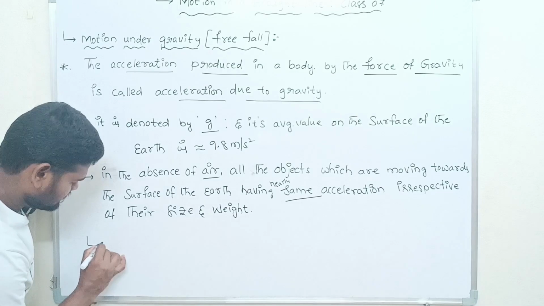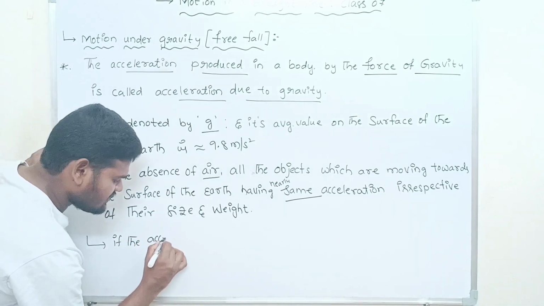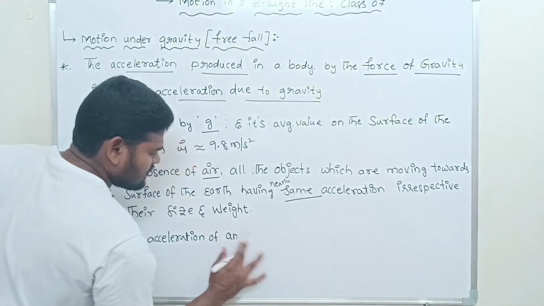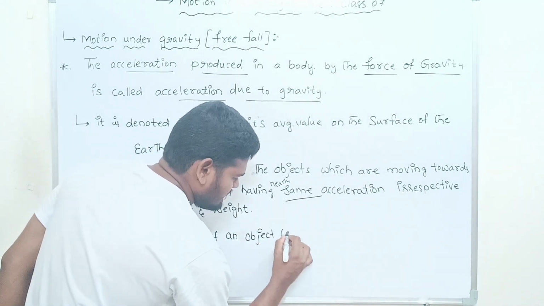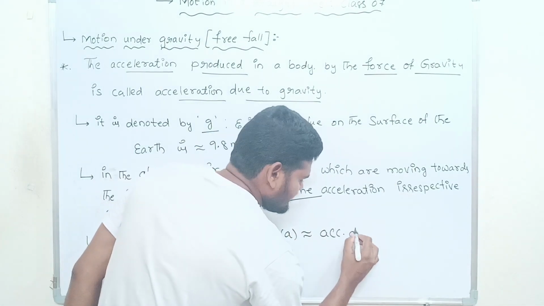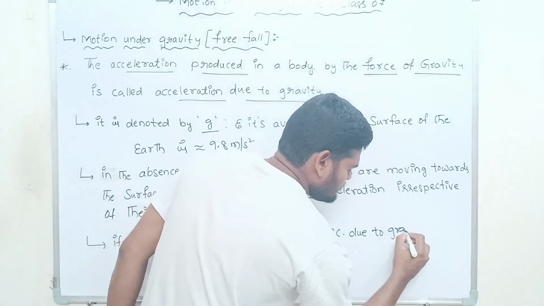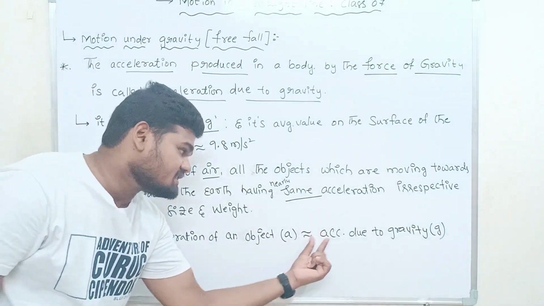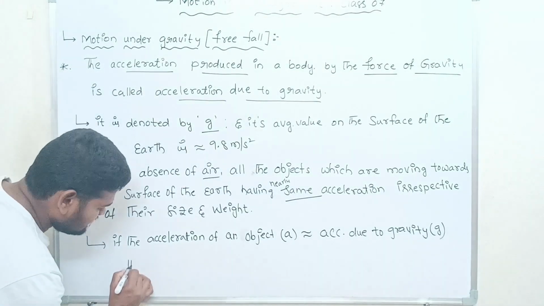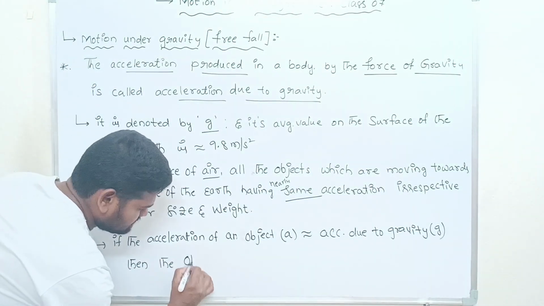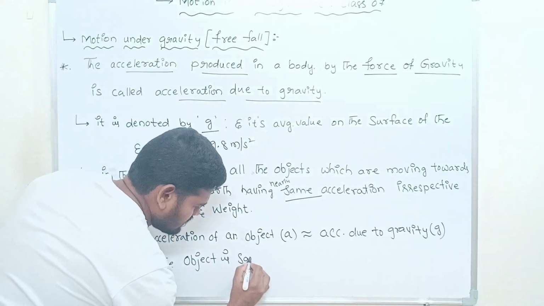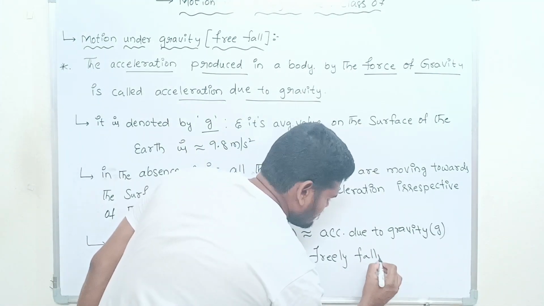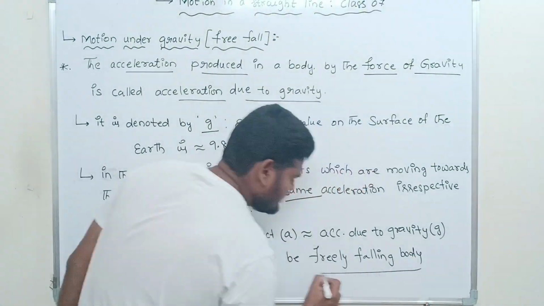Have a look. If the acceleration of an object, let us say small a, is equal to the acceleration due to gravity, that is small g, then the object is said to be a freely falling body.